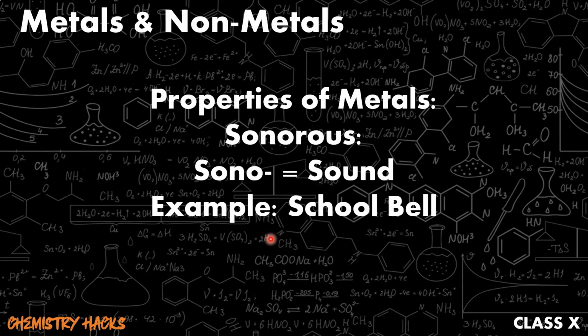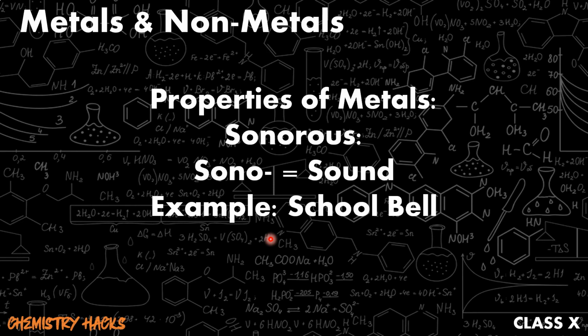The next property of metal is sonorous. We can think of the prefix sono, which means sound. The real life application of this is a school bell. These days most bells are digital, but back in the day they used actual metal bells.